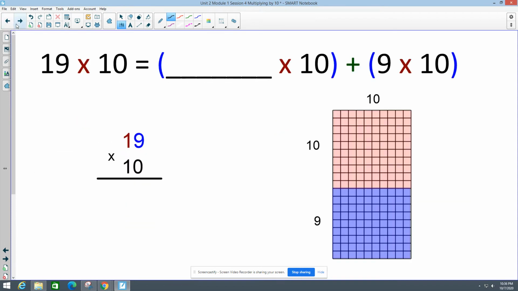Again, we could look at this as kind of doing the partial products, like the heart method that we did before. So all you did here is think about 19 times 10. And what we did is we broke that 19 up into its tens and ones. So we said 10 plus 9. And then we did 10 times 9 over here.